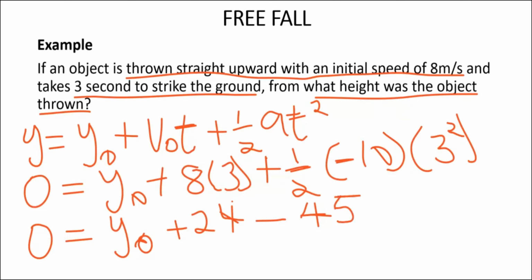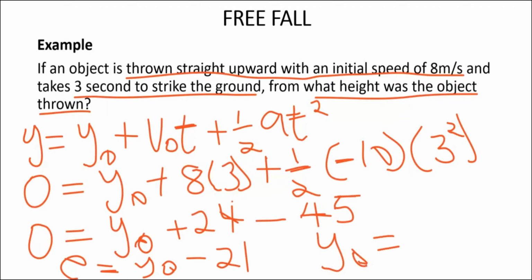That will be equal to y0 minus 21. So therefore, y0 is equal to 21 meters. Okay, so y0 now is equal to 21 meters.